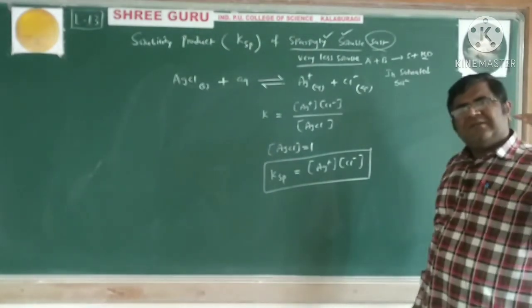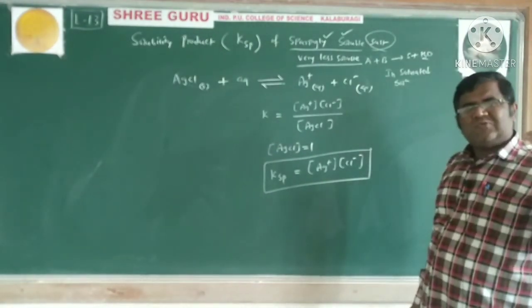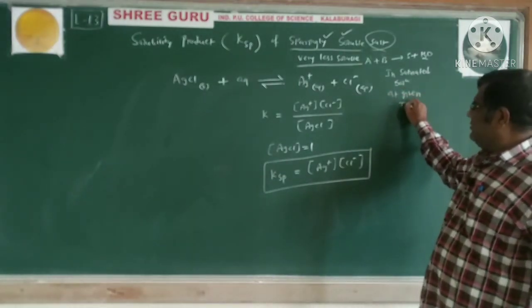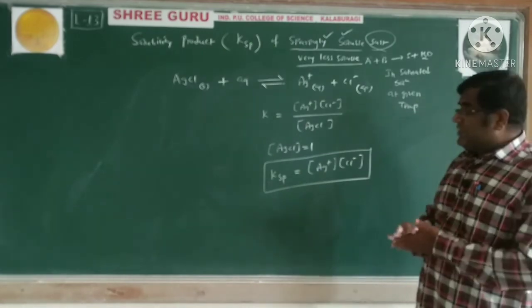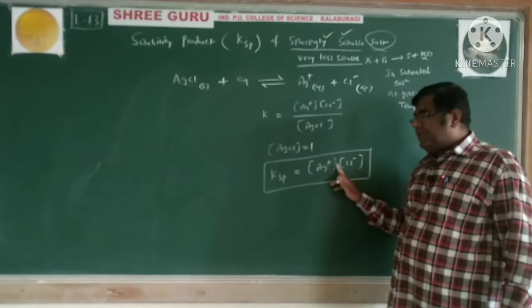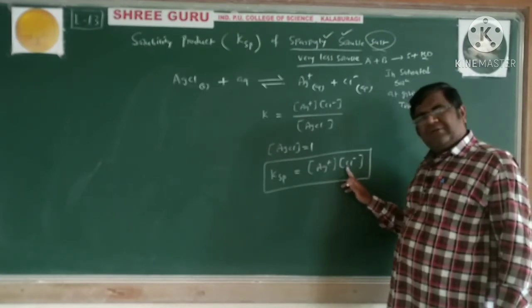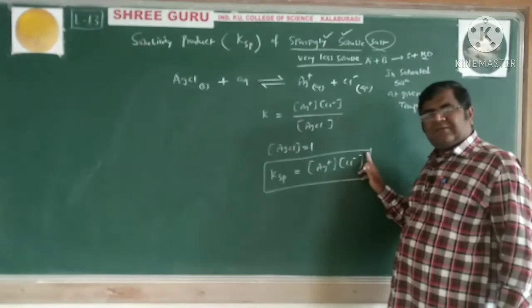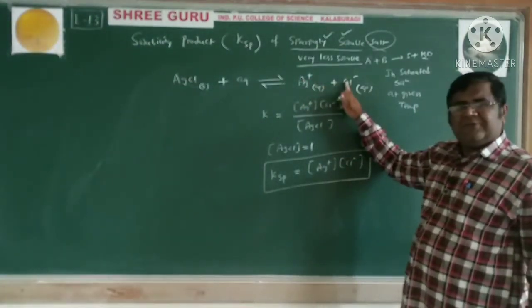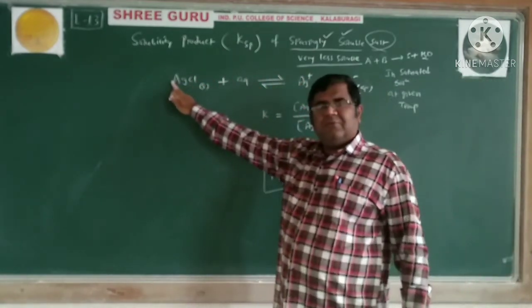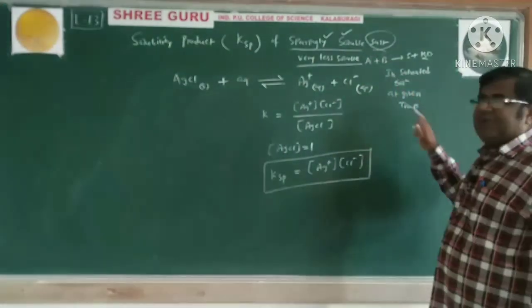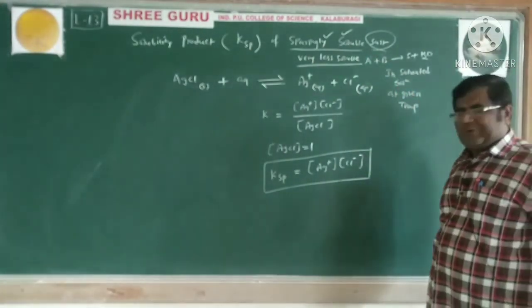A saturated solution is one where the maximum capacity of that solvent to dissolve that salt at a given temperature is reached. This is the definition of solubility product. Listen once again. The product of molar concentration of cation and anion raised to powers equal to the number of ions formed from 1 mole of salt in a saturated solution at a given temperature is called the solubility product.